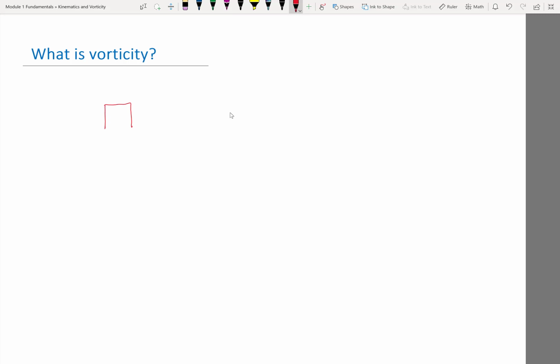Actually, instead of using a rectangle, let me use a cross. If you read Anderson's book, there is a very detailed analysis of what happens to a rectangle. So here, I'm going to use a cross instead, so that you get complementary information on what vorticity is.